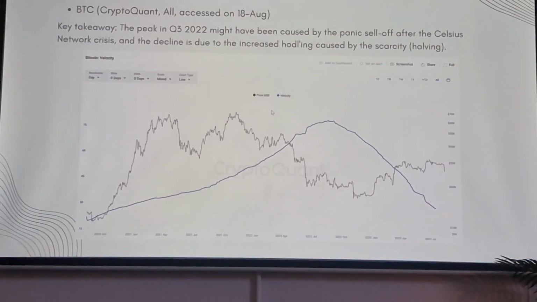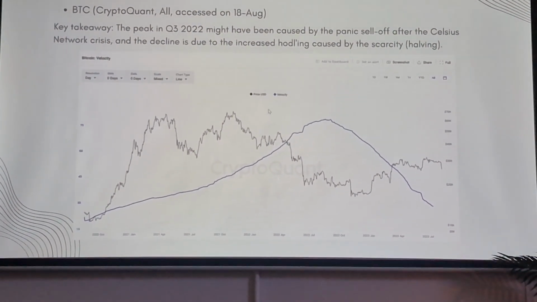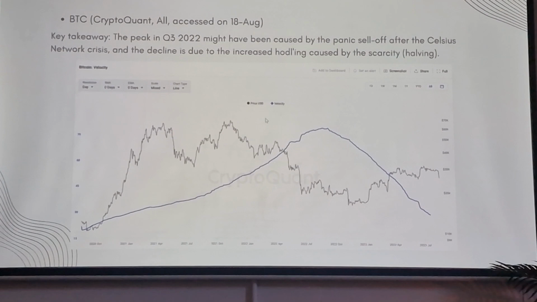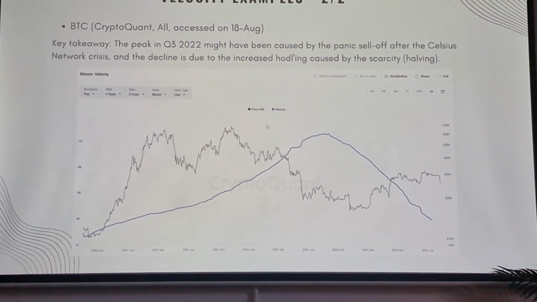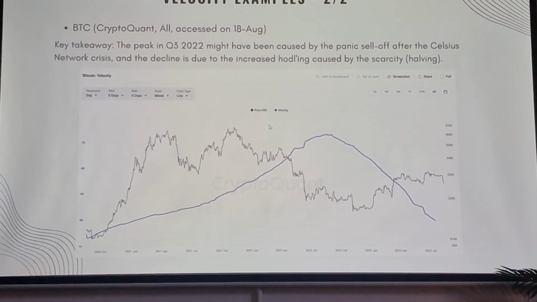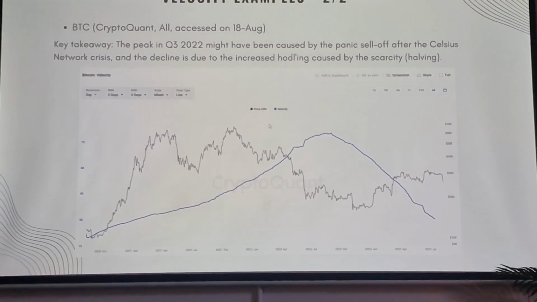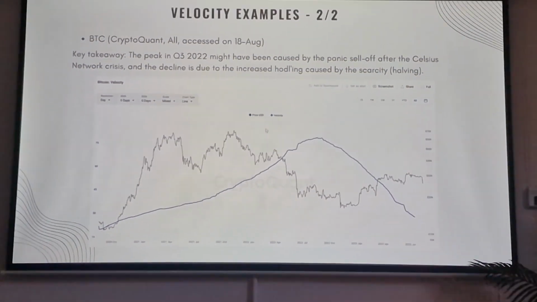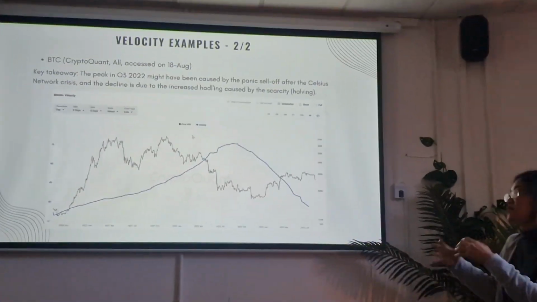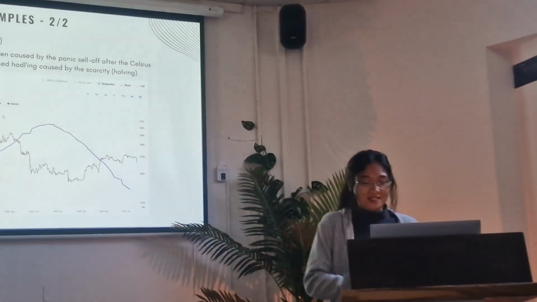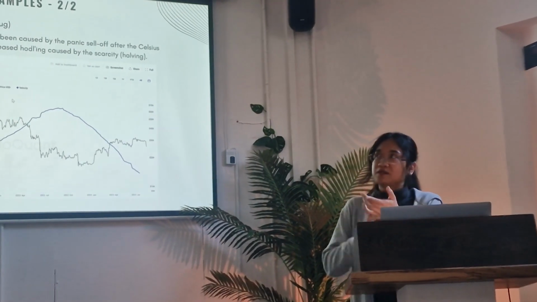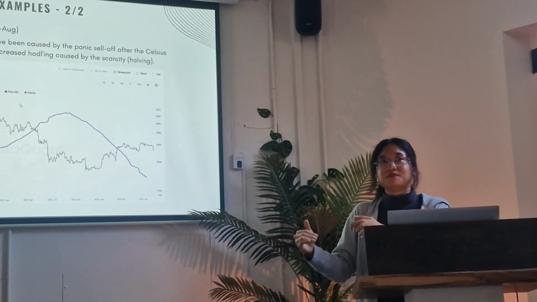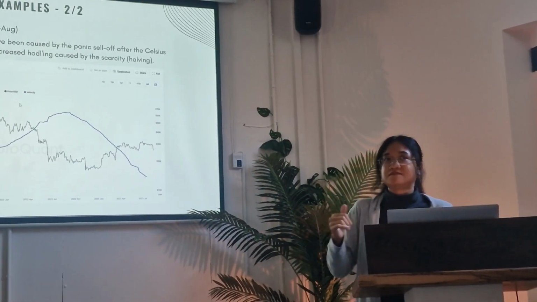So whether the activity is selling or buying, it's still counted as changing hands. My hypothesis was that it's after the Celsius Network crisis, and since we know about the halving, with the increased hodling it will reduce the velocity, because it's a limited supply, so it will decrease the velocity.